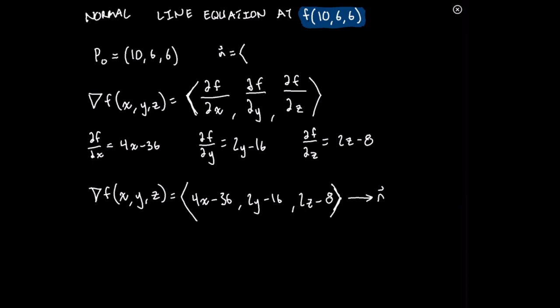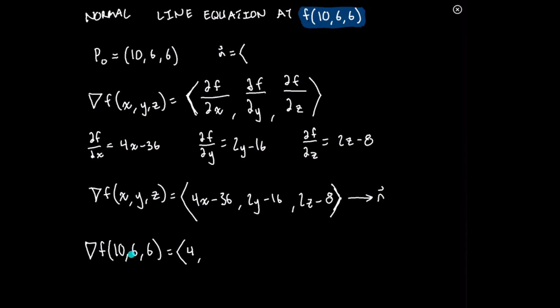So our value for x is 10. Let's go ahead and evaluate f at 10, 6, 6. The gradient function at 10, 6, 6 is going to be 40 minus 36, which is just 4.